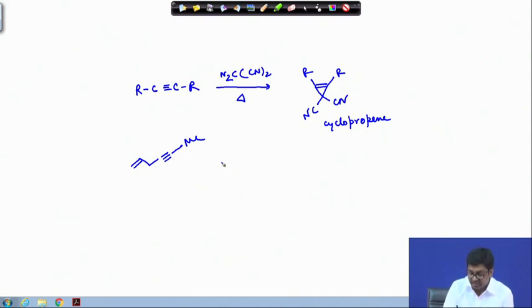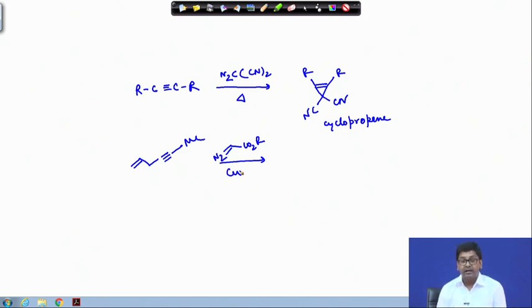In most cases, in general, it has been seen that if we take a diazo ester as the carbene precursor, and there is an enyne substrate, then first the double bond will react.